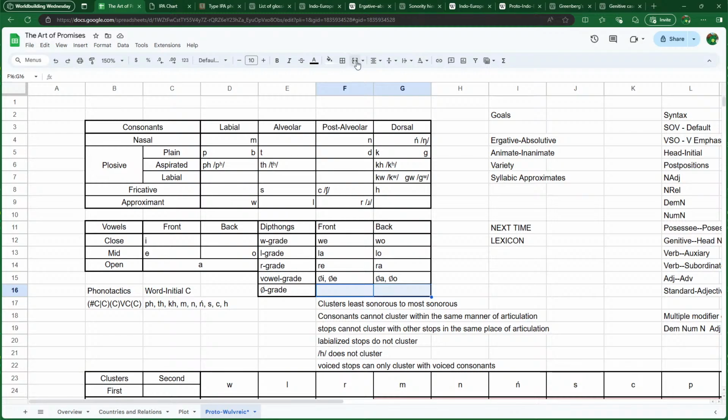So I would then merge these together. Right.